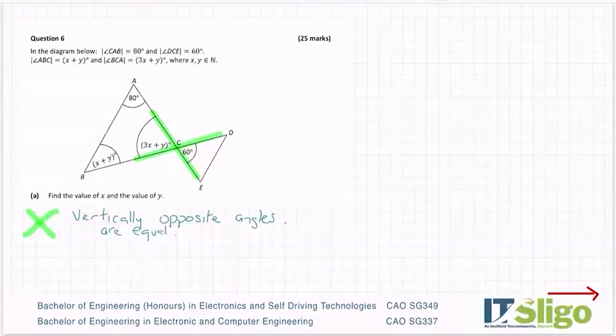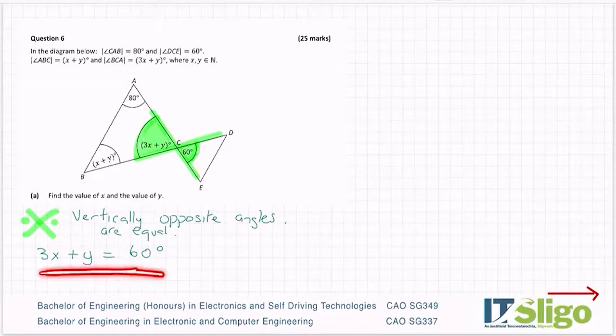So straight away I can go 3x plus y equals 60 degrees. In other words, this angle here equals this angle here. So this side is equal to this. Now that angle here is also equal to that one. It's just no good to us. So I hope that one makes sense. 3x plus y equals 60.